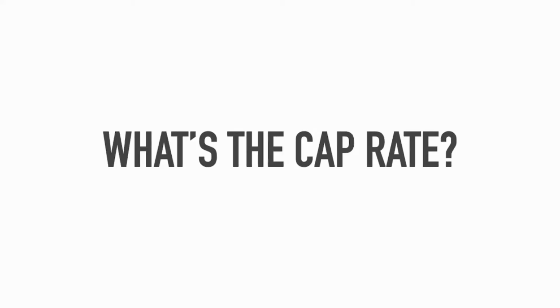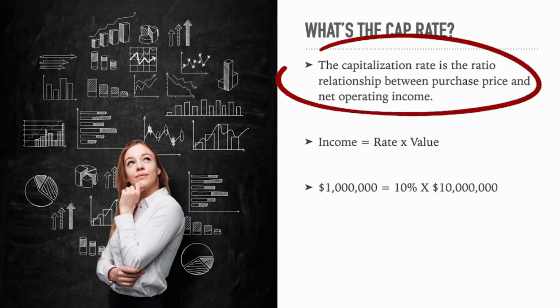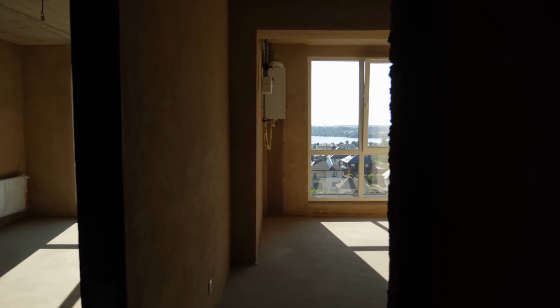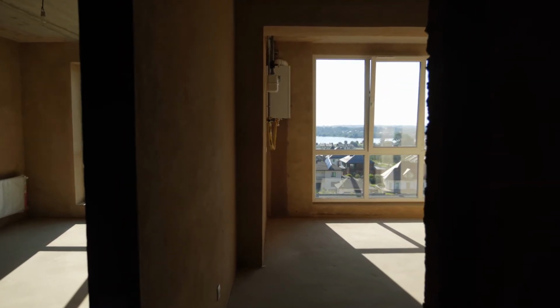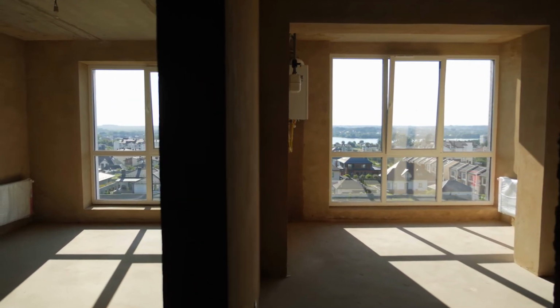For those of you that aren't familiar with it, the cap rate is the ratio relationship between the purchase price and net operating income. What you're doing is identifying the percentage of the purchase price that you're going to receive in net operating income in the first 12 months of ownership of that real estate asset.